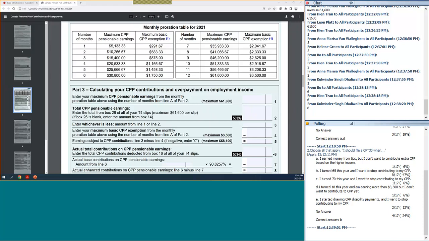Excellent. 4 seconds left. Hit the submit button. We've got one more person almost done. There we go. And in just a minute, I'm going to share the results so we can see how everyone did.